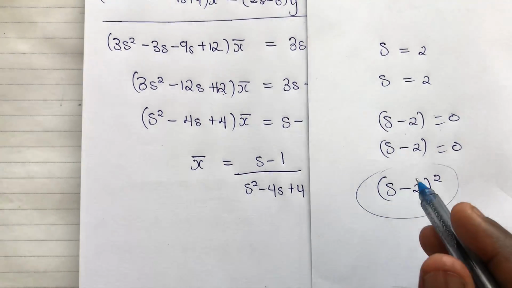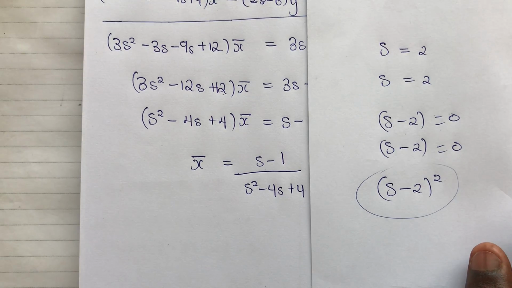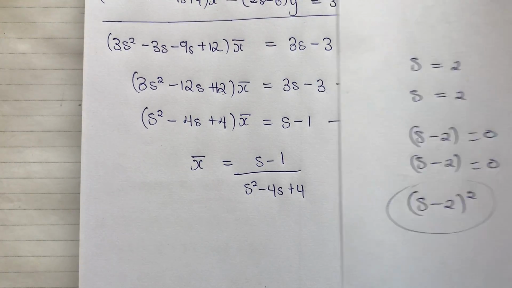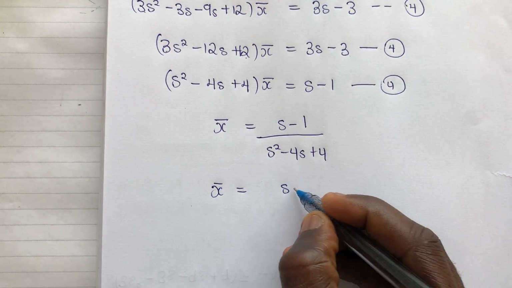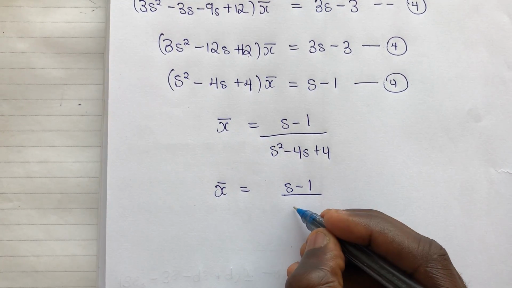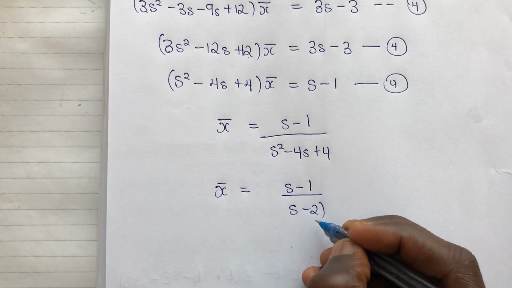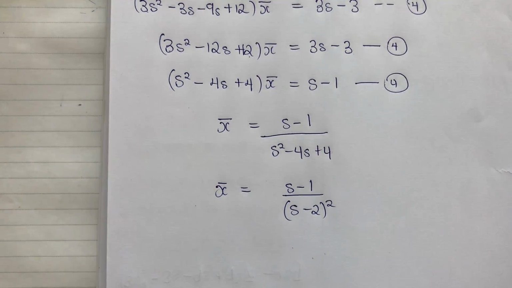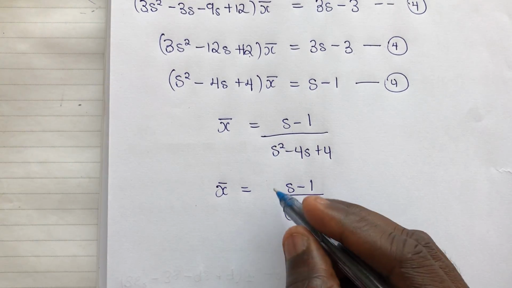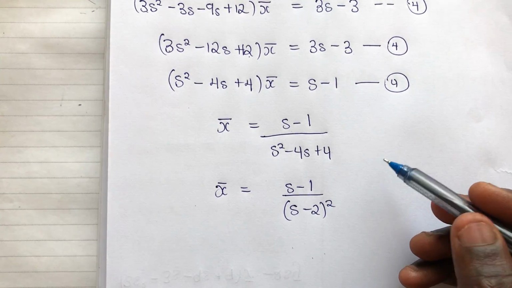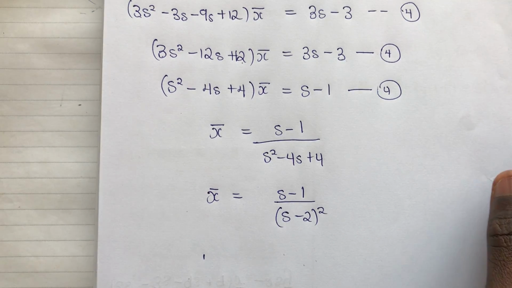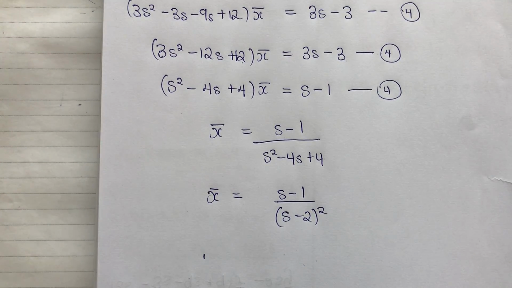All right, so if this is a repeated factor, then we can resolve this into partial fraction. So x bar is giving us s minus 1 out of s minus 2 all squared. Do we get it now? Now resolve this part of the equation into partial fraction to find the constants a and b. So let's do this calculation on a fresh page.